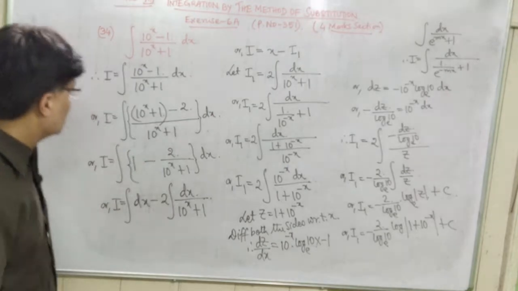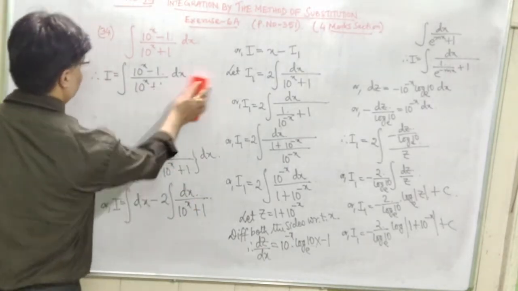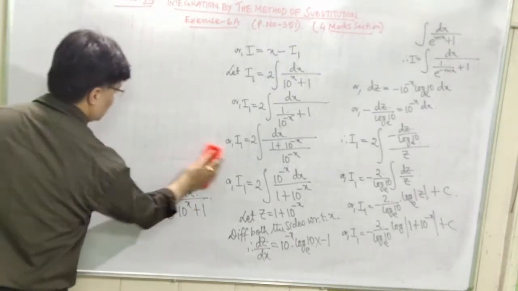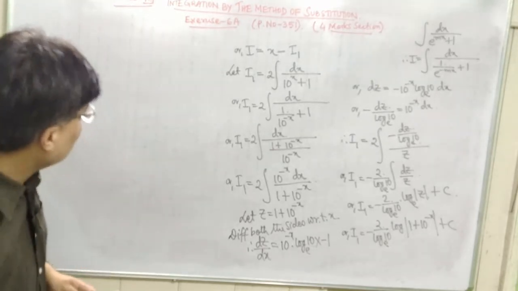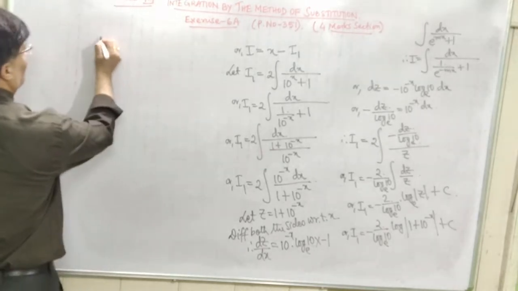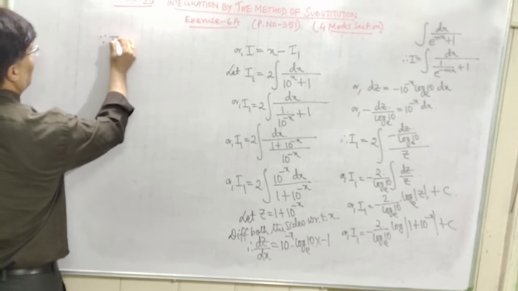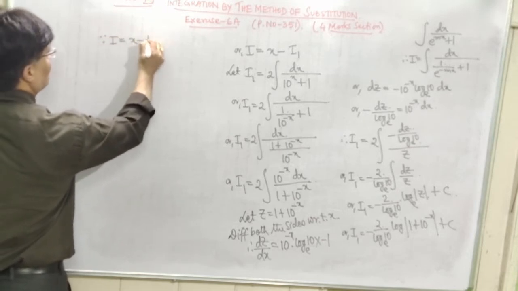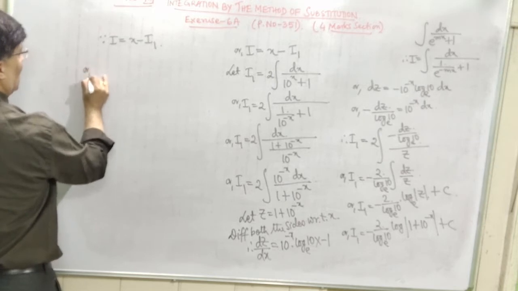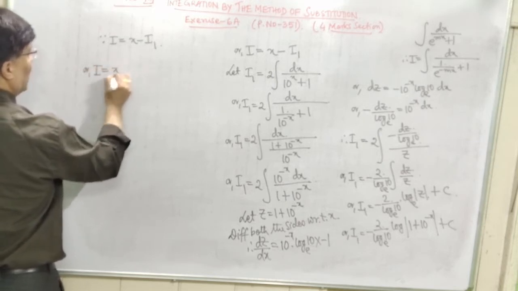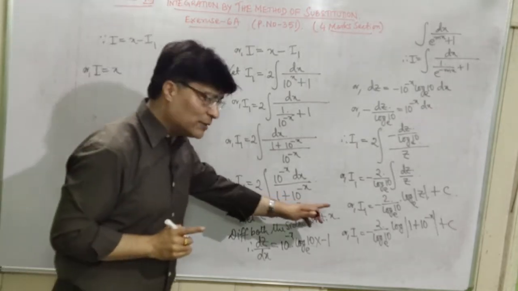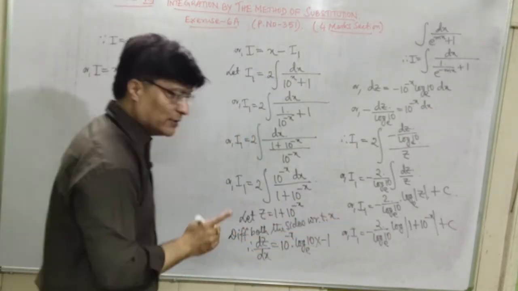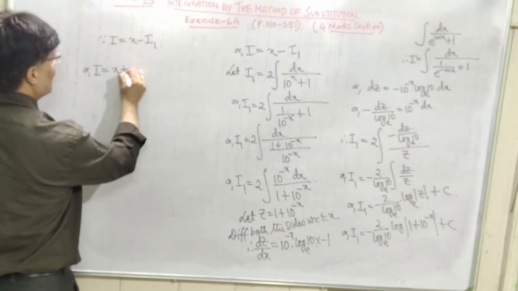Okay. So now let us write here. Since I is equal to x minus I1, what is I1? Just now we have got the value for I1. I1 is minus sign is there, isn't it? So minus into minus is plus.